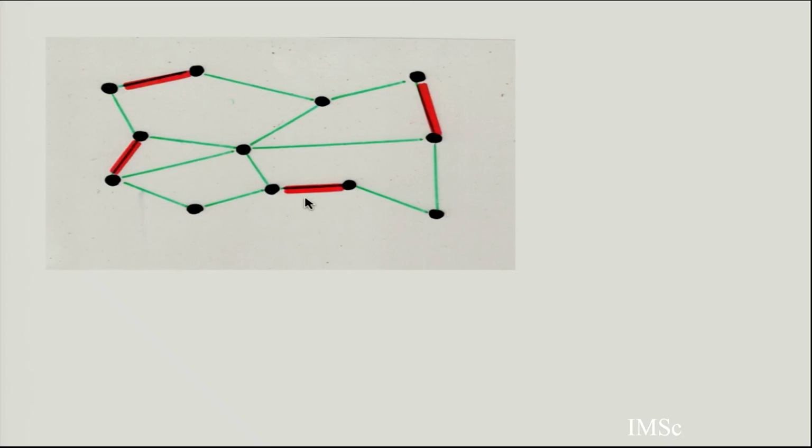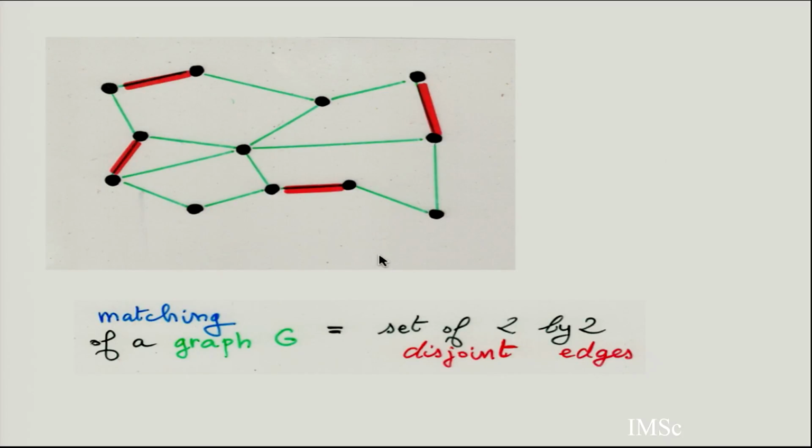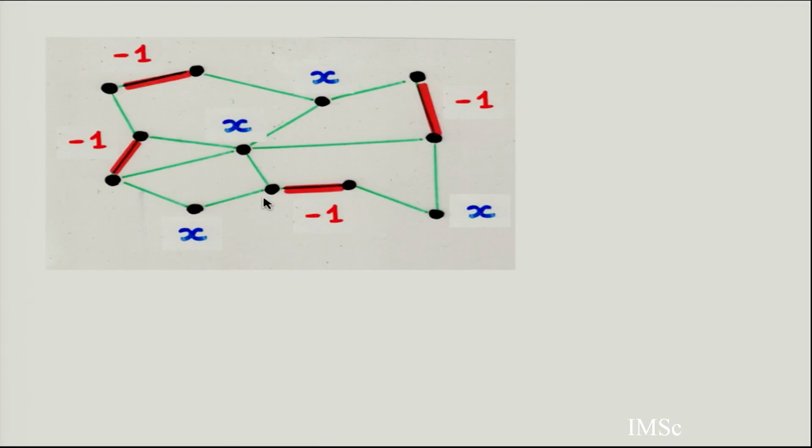I just repeat, a matching is a set of pairwise disjoint edges, so two edges do not share the same vertex. And you put a weight on the matching. The weight is -1 for each dimer, that is each edge, and x for each isolated point.